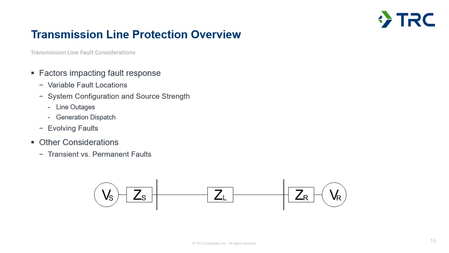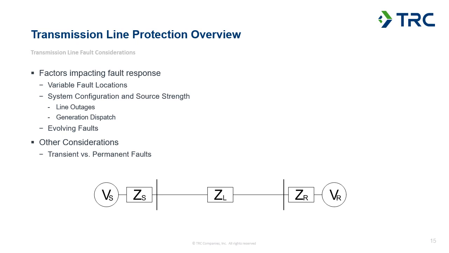If you have line outages or transformer outages, or generation that's turned off or not being used at a certain time, that's all going to impact the source strength, the system strength, the Thevenin equivalent of that system that we use in modeling the line. So you're going to get a different fault response for the same type of fault if you have the full strength system with everything online, compared to if you have outages and equipment that has been removed from the system.